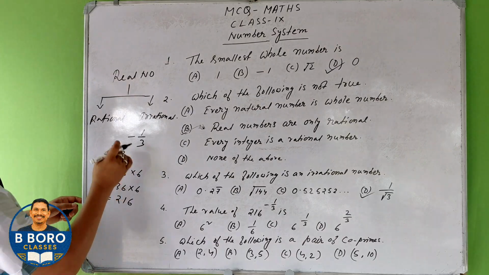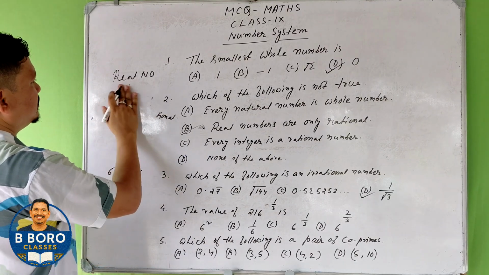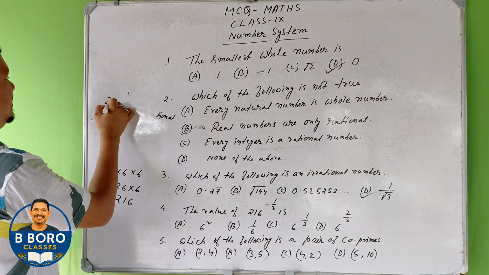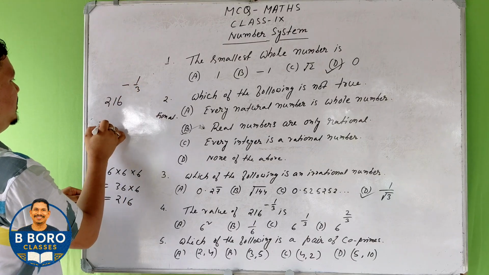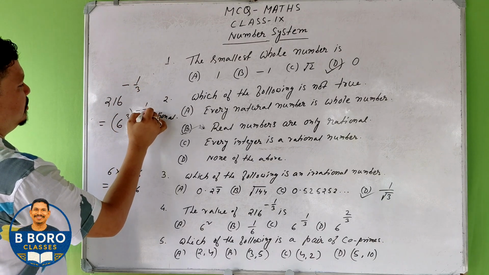So how can we express 216 in exponential form? 216 to the power -1 by 3 means we can write 6 cube to the power -1 by 3.